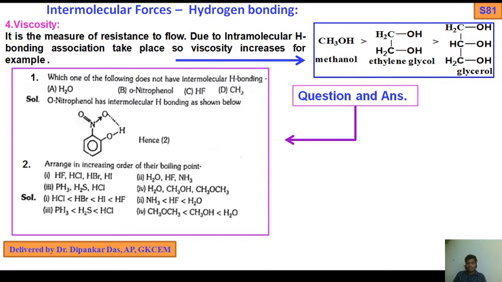Again I tell you, in case of intermolecular hydrogen bonding, association takes place, so viscosity increases. So the more intermolecular bonding association takes place, the more viscosity increases.